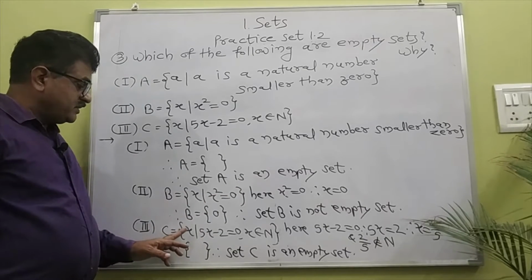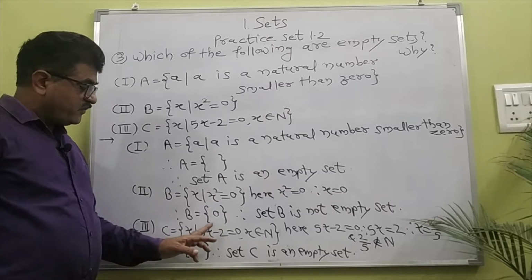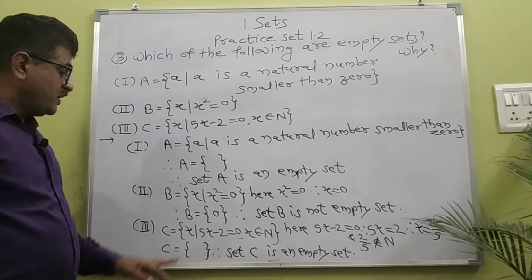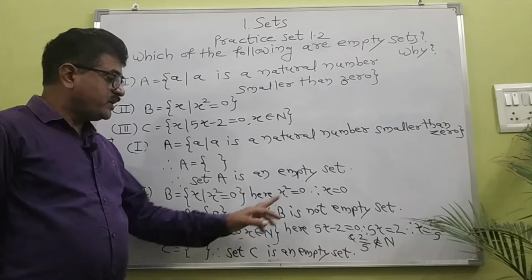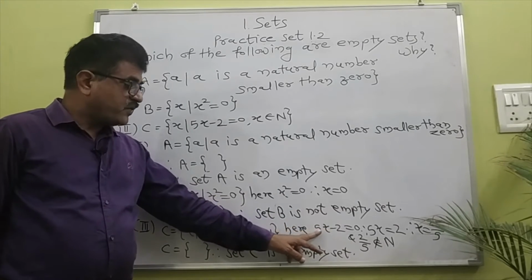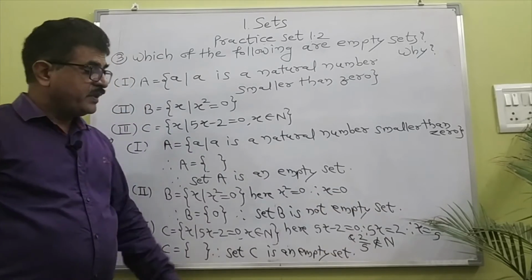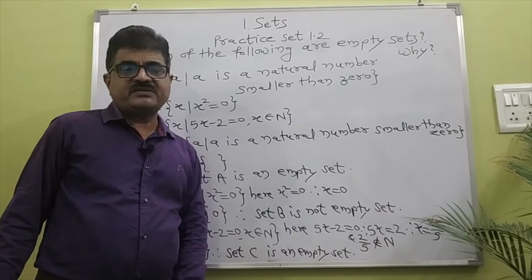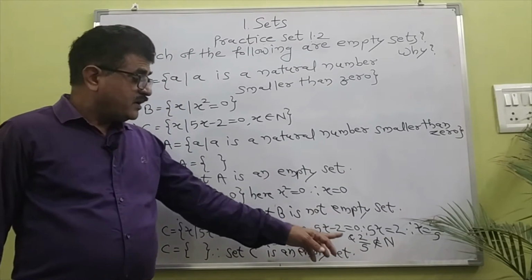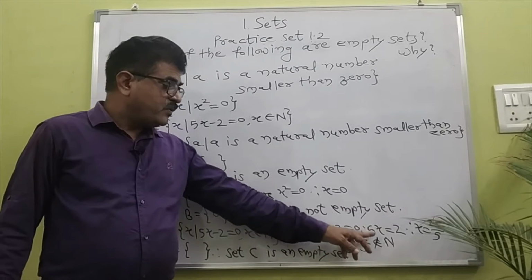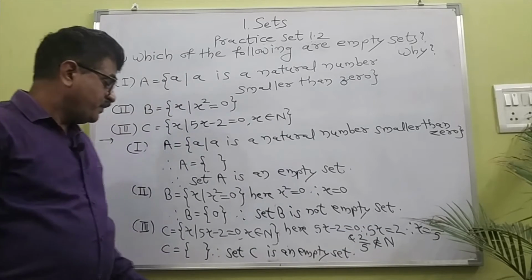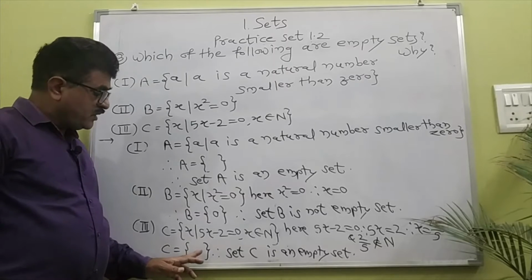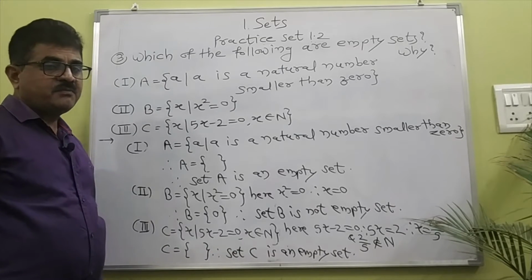C is a set of x such that 5x minus 2 equal to 0, x belongs to N. Now here 5x minus 2 equal to 0, therefore 5x is equal to plus 2, x is equal to 2 upon 5. आणि 2 upon 5 natural number आहे का? नाही. And 2 upon 5 does not belong to N. Therefore set C contains no element. Therefore set C is an empty set.